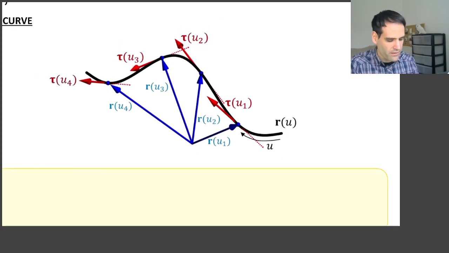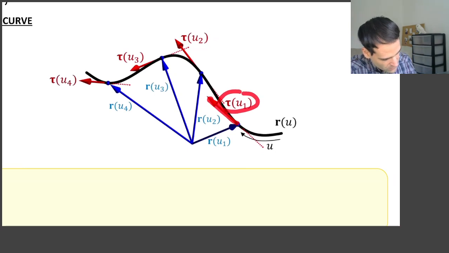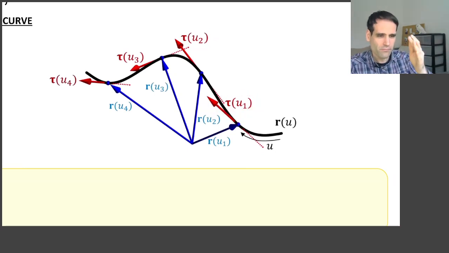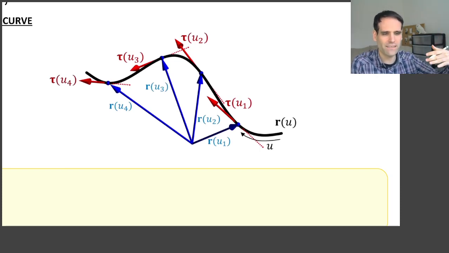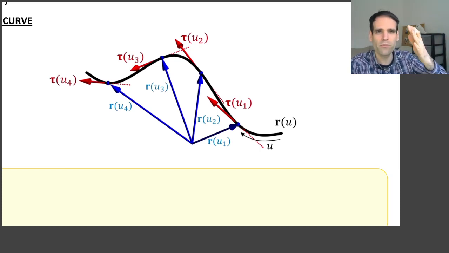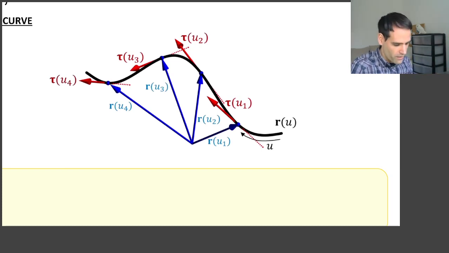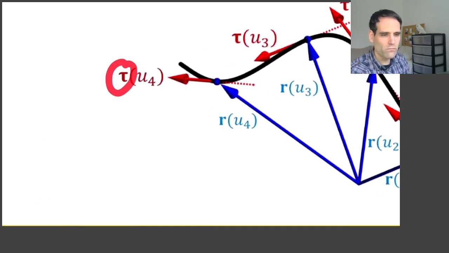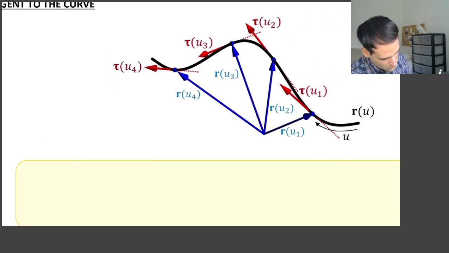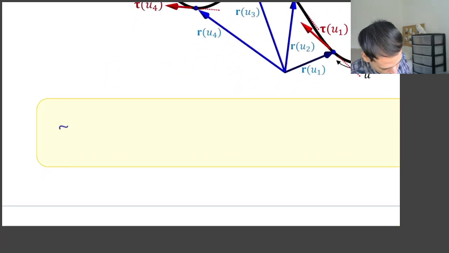And now we're interested in a way of finding this red vector here, which is tangent to the curve. And not only is it tangent to the curve, but it also tells us about how fast the position vector is moving with respect to the parameter u. And the way to calculate this vector tau, this is the Greek letter tau. So this vector tau will also be, of course, a function of u.